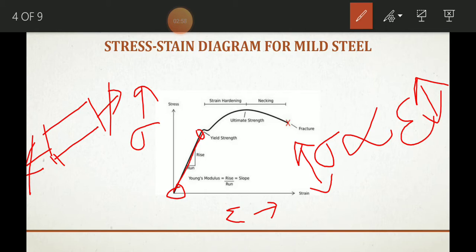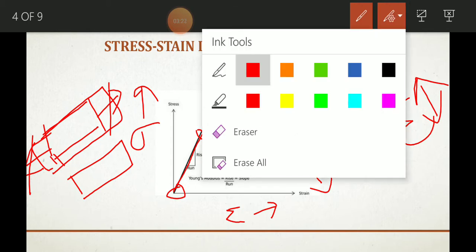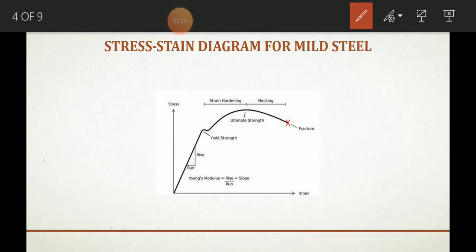Then the material which was deformed or increased in length will come back to its original shape, without undergoing any permanent deformation. That is what we call the elastic limit. It is the maximum amount of force that the material can handle without undergoing permanent deformation. This is the elastic limit.